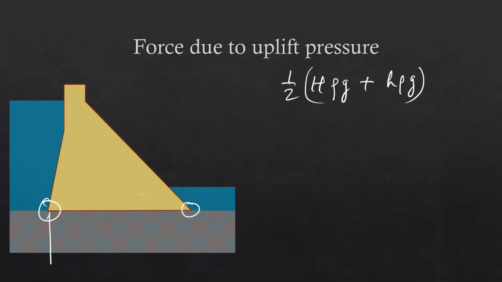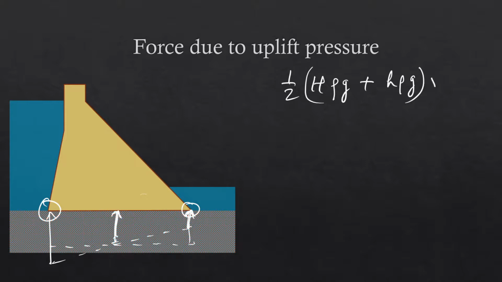So here the pressure is this much, here the pressure is this much. For the overall calculation of pressure force, we'll take the average of these two, which will be half of the sum of these two pressures. So this is the average pressure.